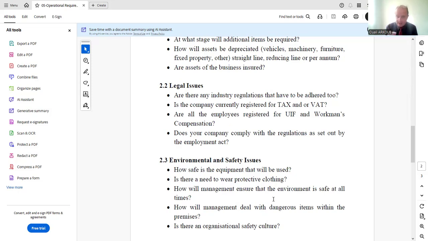Is there a need to reduce these accidents? Is there a need to wear protective clothing, like masks, special glasses and overalls?